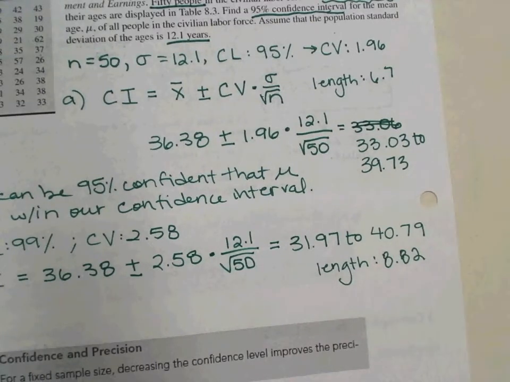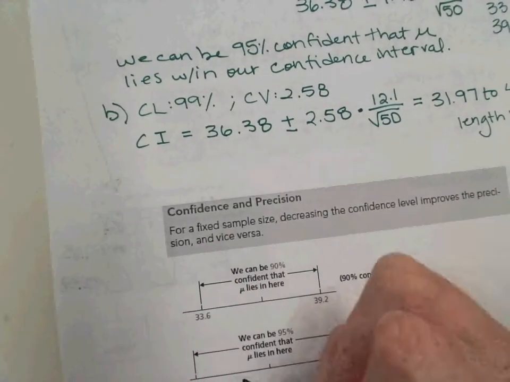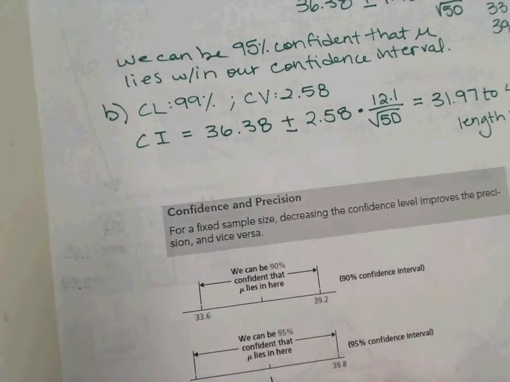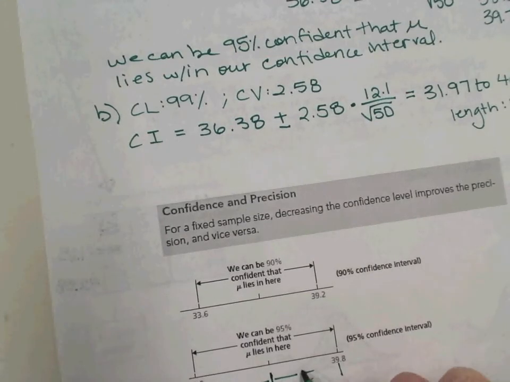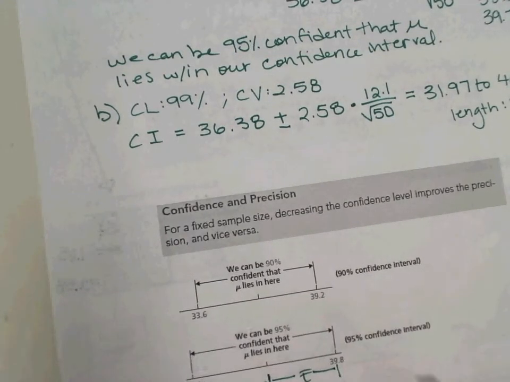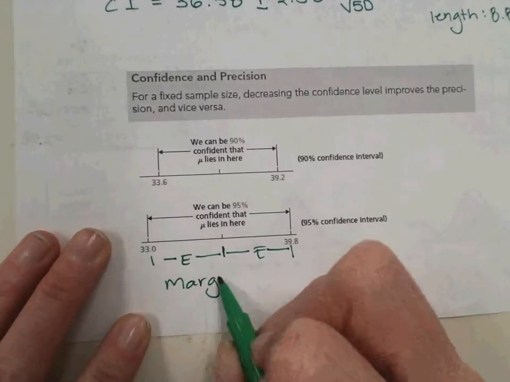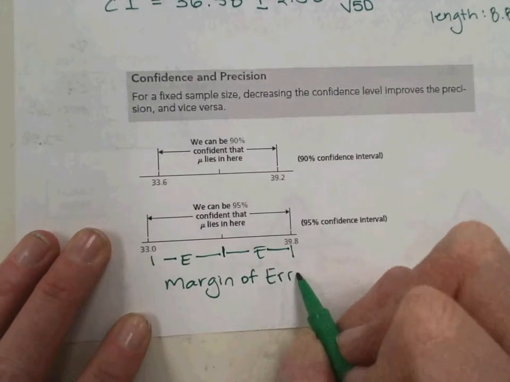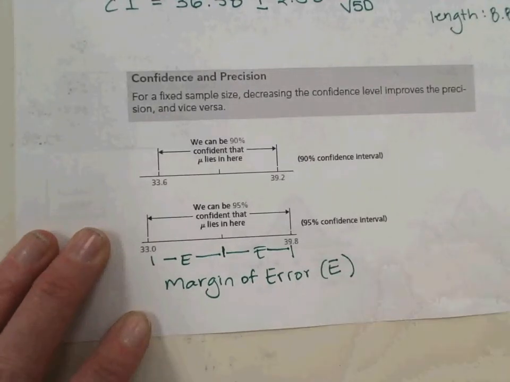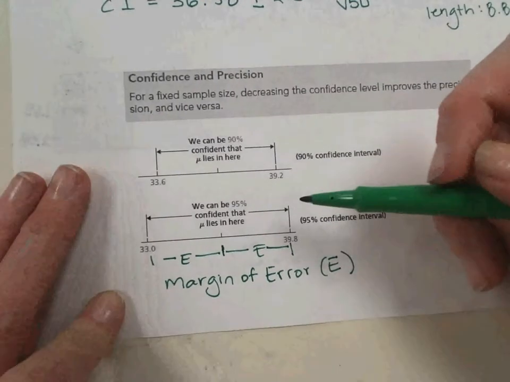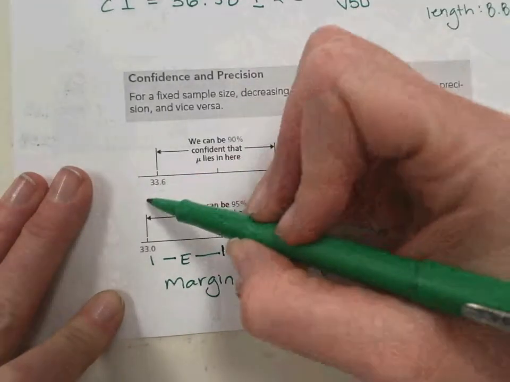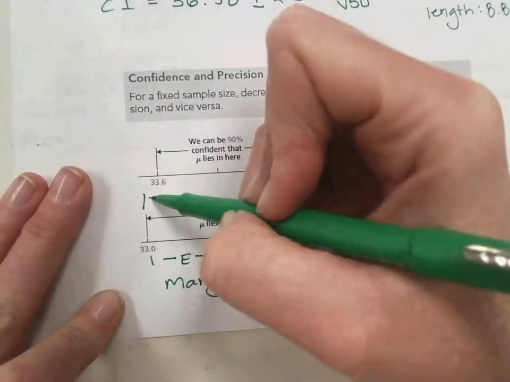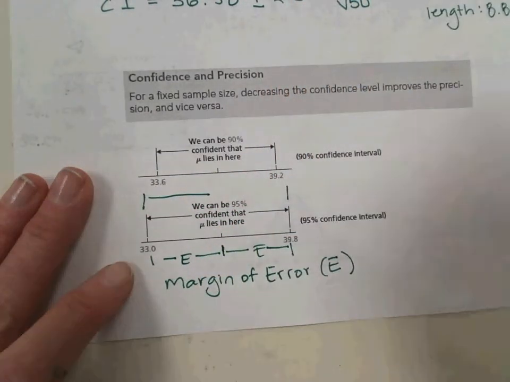All right, I want to point something out about the margin of error. That came up a little bit in 8.1. So the margin of error is the length here. We call it E. Margin of error, E. So you can see the length of this entire confidence interval.